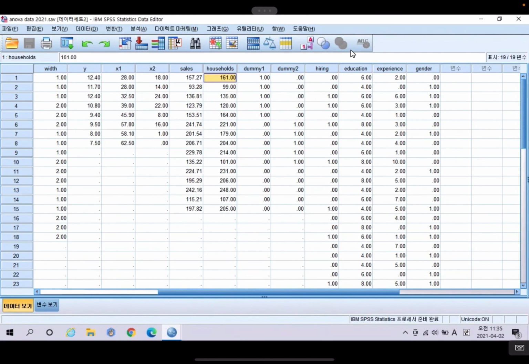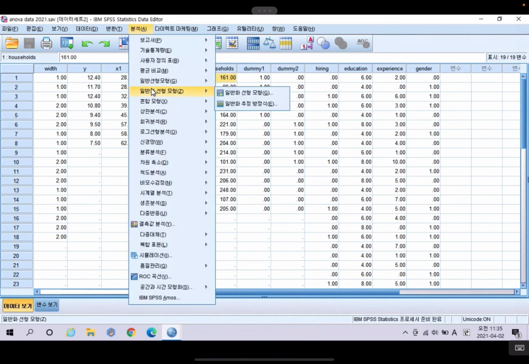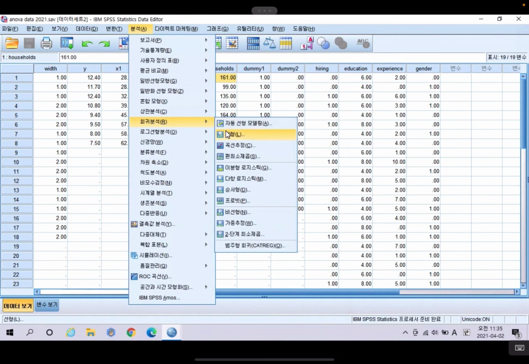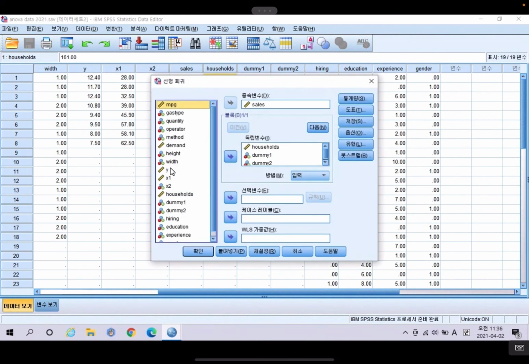Let me quickly show you how to get the VIF values. Let's go to Analysis, Regression, and Linear. You move the dependent variable to the right, and you move the independent variables.